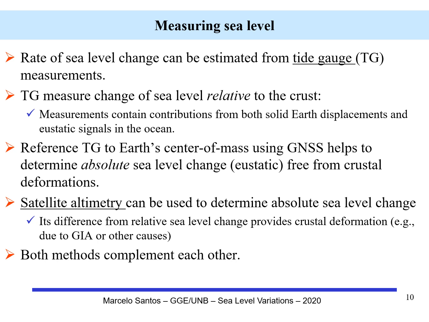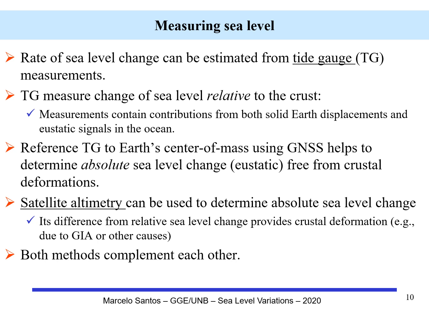Measurements contain contributions from both solid Earth displacements and eustatic signals in the ocean. Tide gauge can be referenced to the Earth's center of mass using GNSS, helping to determine an absolute sea level change, eustatic, free from crustal deformations.